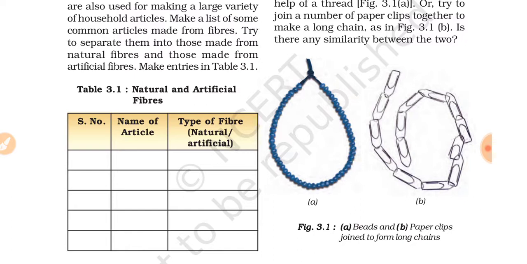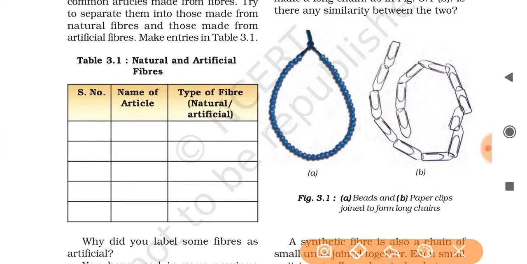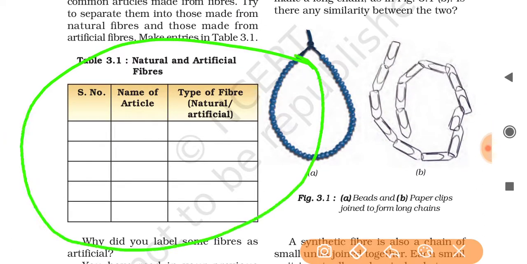As you already read in previous years' classes, natural fibers occur naturally from plants or animals, and artificial fibers are man-made. In this table, you have to fill in with a pencil, in your NCERT book if you have it.